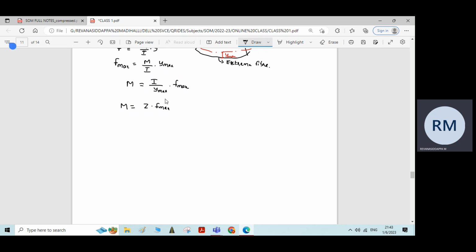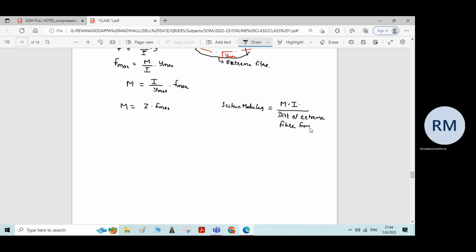Which means that the section modulus is the ratio of the moment of inertia of the section about the neutral axis to the distance of the extreme fiber from the neutral axis.